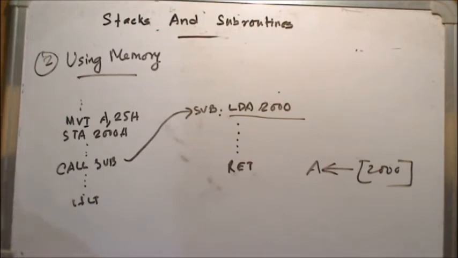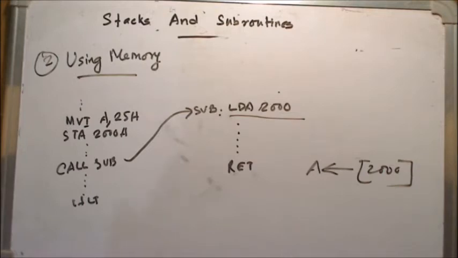Now LDA is getting the data stored in a memory location, whereas in the previous example we used registers. Register A is taking something from register B. So in the first example you passed your parameter using a register, but in this example you will pass your parameter using a memory location.